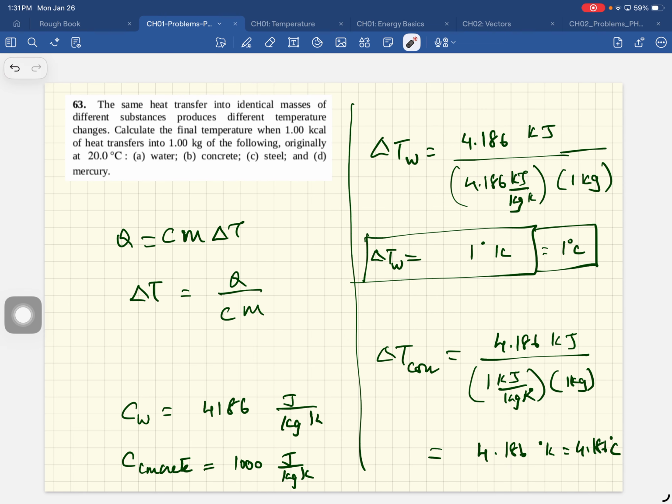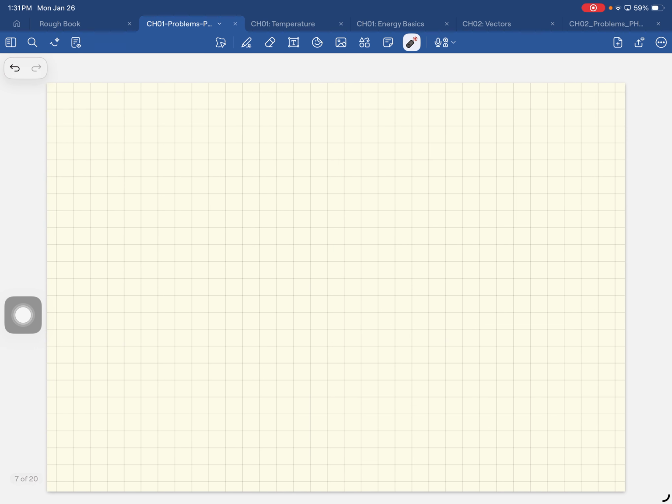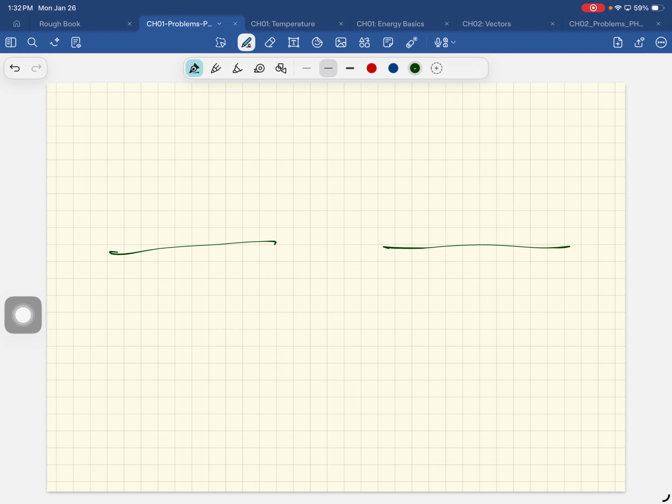So what we have to do is, how much heat do you need to remove, and over what time? So 80 kg, mass times specific heat times the temperature change.